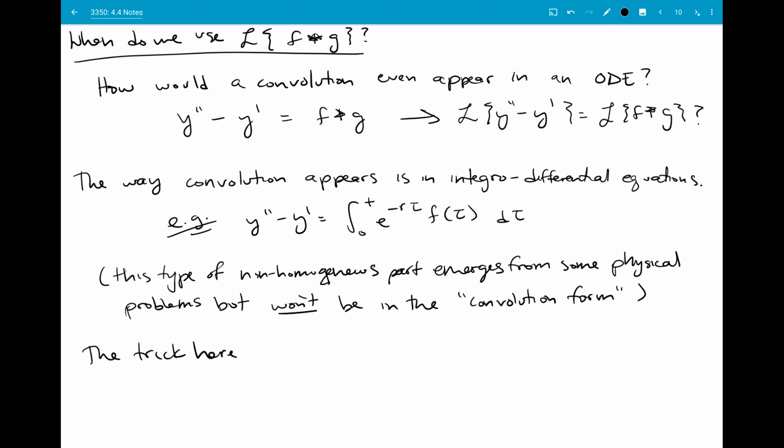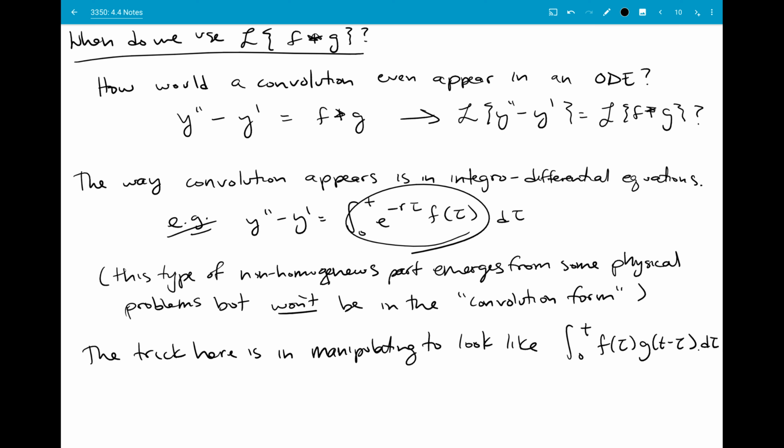So the trick here is in manipulating it to look like the integral from 0 to t of f of tau, g of t minus tau, d tau. And I won't do that here, but just so that you know, you would have to get this into the correct shape to use the property on it after that.